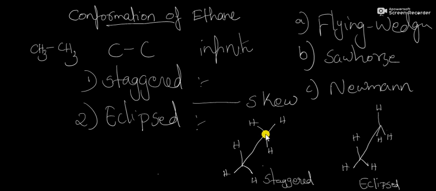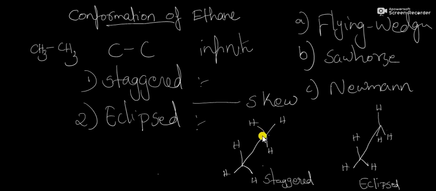Three lines are drawn at an angle of 120 degrees to each other, and attached to each carbon connect that carbon to three groups or atoms around it.